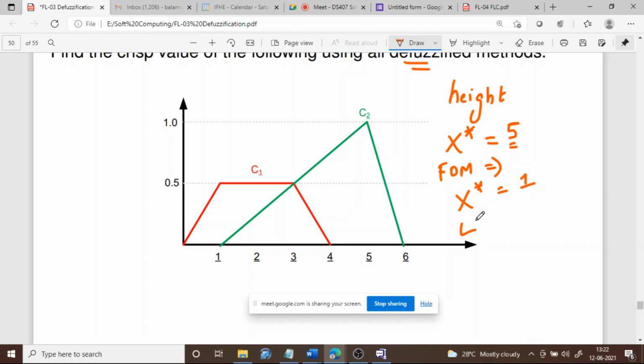If you apply LOM, what will be x star? Yes, x star will be 3. Good. If you apply MOM, mean of maxima, what will be x star? If you apply MOM, what will be the value for this particular thing?